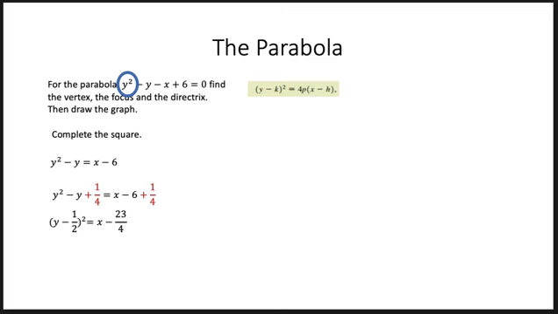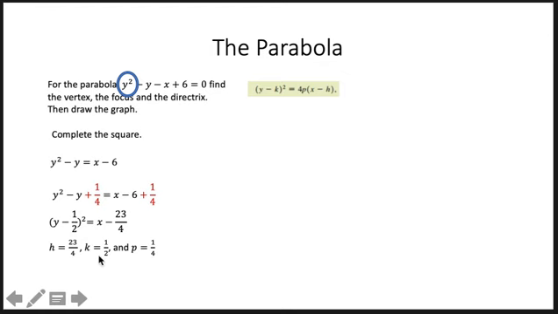Now, what's h, what's k, and what's p? Well, h is 23/4. K is going to be 1/2. You see that here? So x minus 23/4, so 23/4 is h. And the opposite of negative 1/2 is positive 1/2.